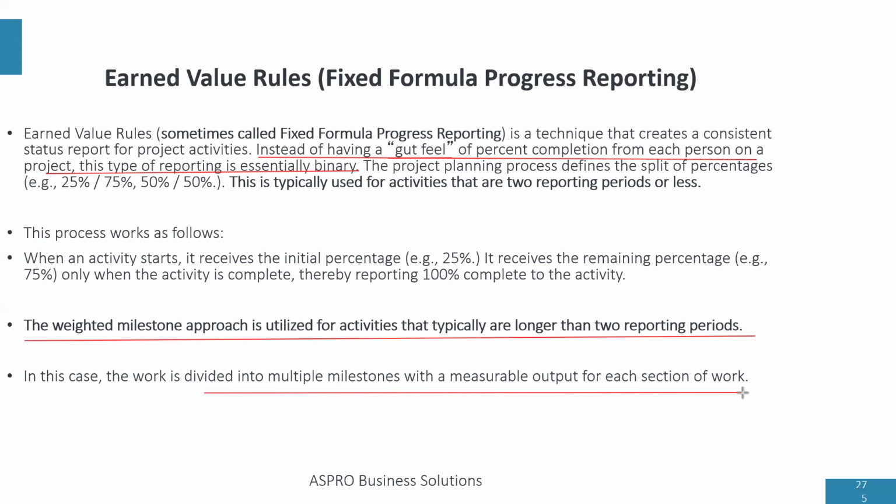That's if you're using 25/75, or 50/50, or 40/60. It really doesn't matter. It's left to your team to decide what the split of percentages will be. Now, in weighted milestone, we divide the work into milestones with a measurable output for each section of work. What does that mean?